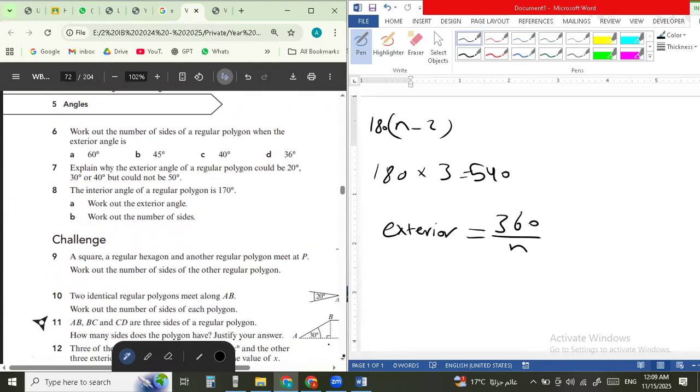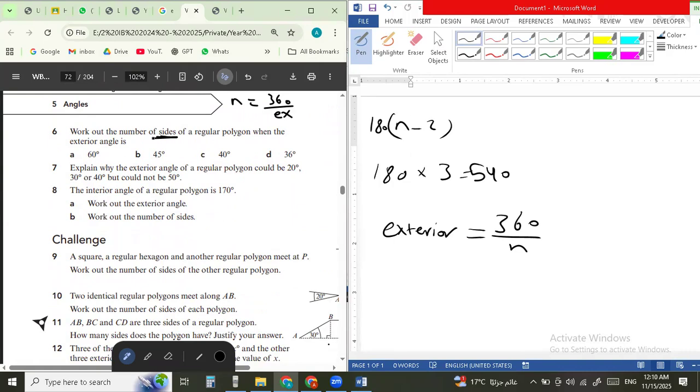Work out the number of sides of a regular polygon when the exterior angle is 60 degrees. Well, I know the exterior, and you wanted the number of sides. We learned this rule that n equals 360 over exterior.